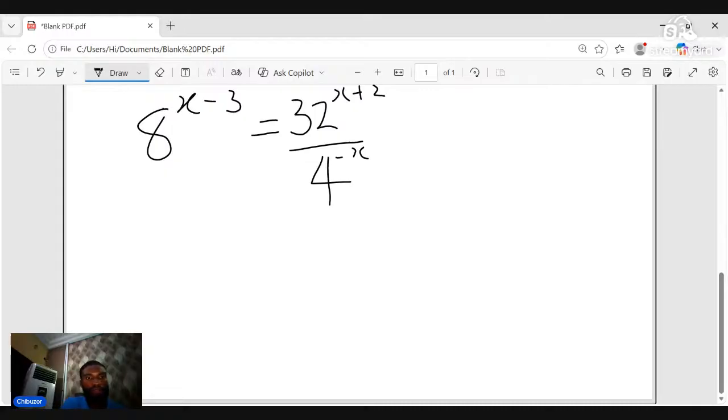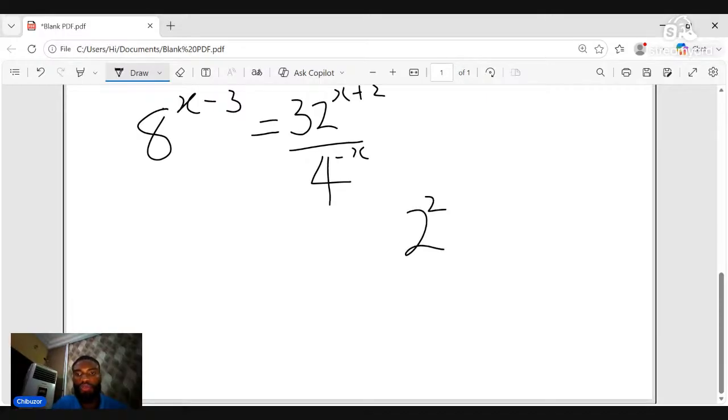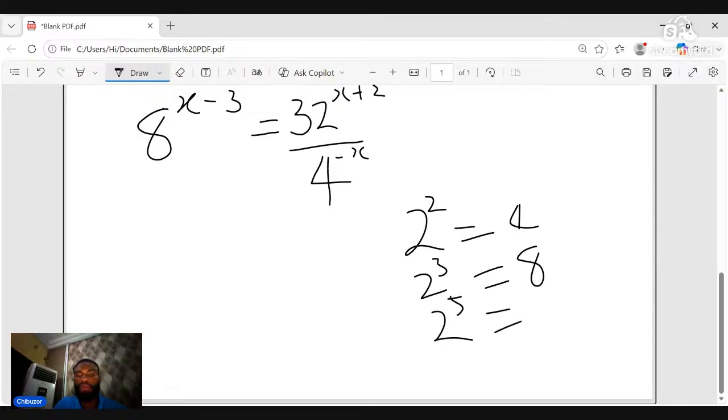For 8, for 32, and for 4, that is 2. Because 2 raised to power 2 is 4, 2 raised to power 3 is 8, and 2 raised to power 5 is 32.